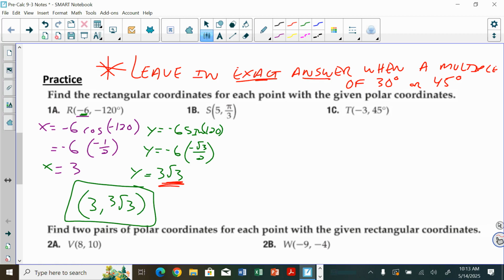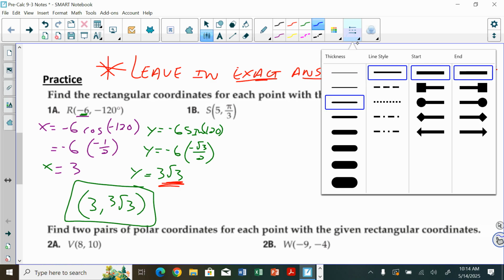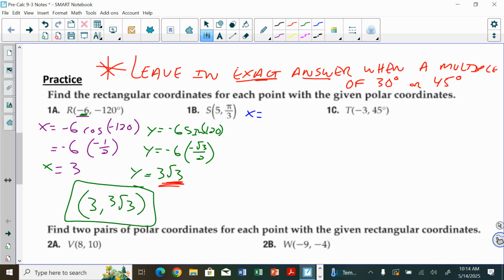Okay. All right. So let's look at 1b. So for x, it is going to be 5 cosine pi over 3, which is going to be 5 times 1/2. So you might need the unit circle for that. So I'm going to go with x equals 5 over 2.